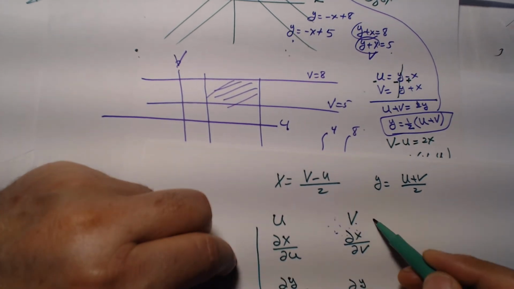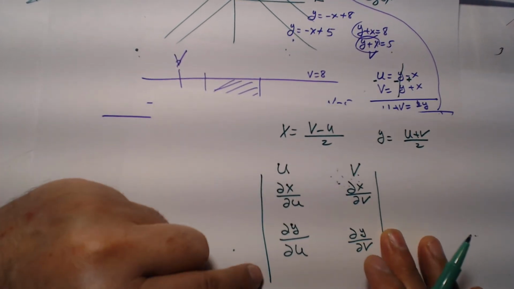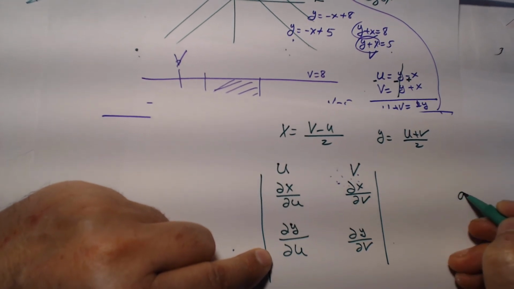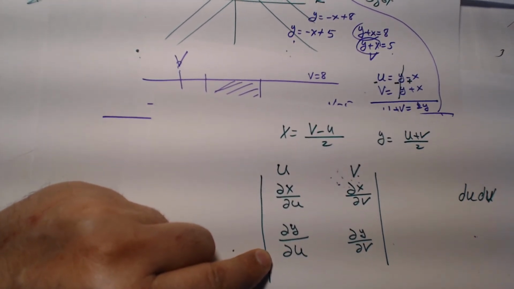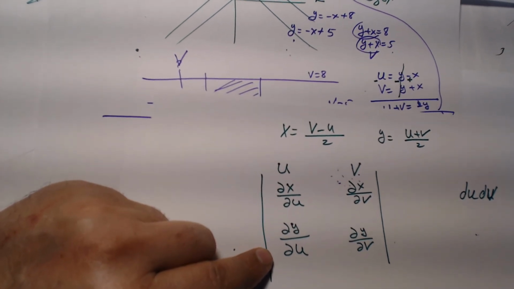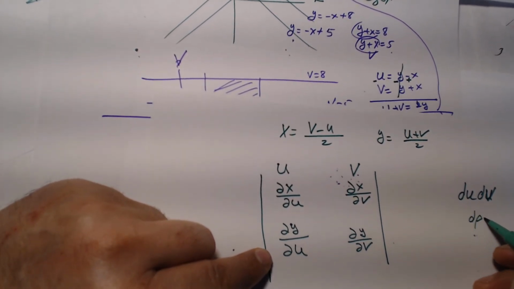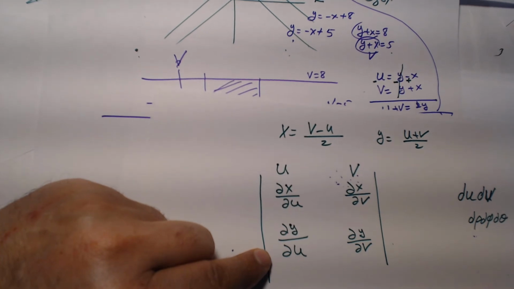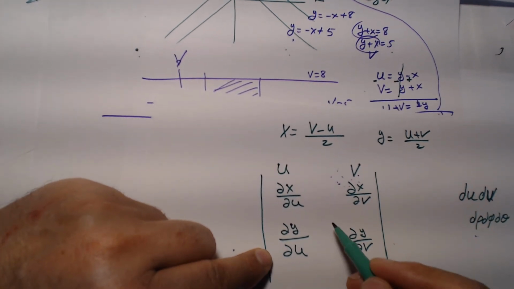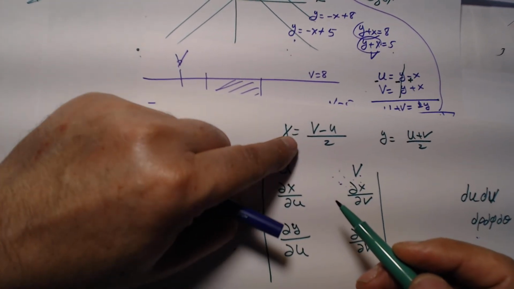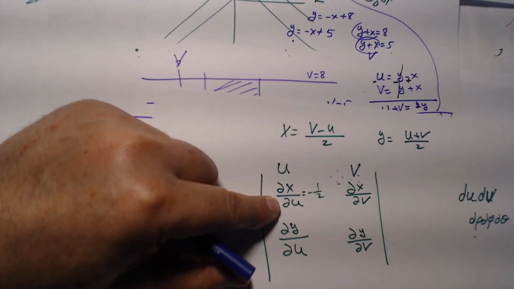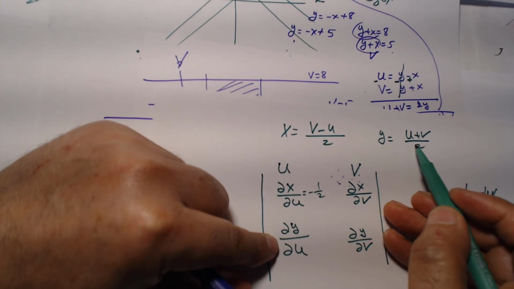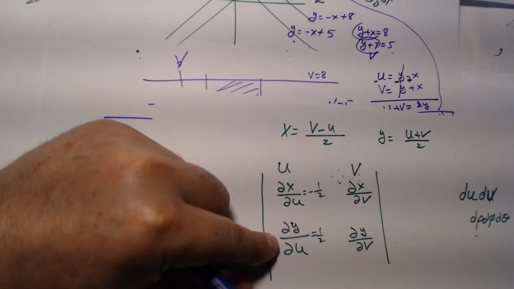Then whatever the determinant of that matrix is, that's a factor that you add to do du dv. Just like r dr d theta, just like d rho d phi d theta. These are the factors you need. What is the partial derivative of x with respect to u? Negative 1/2. What is the partial derivative of y with respect to u? 1/2.